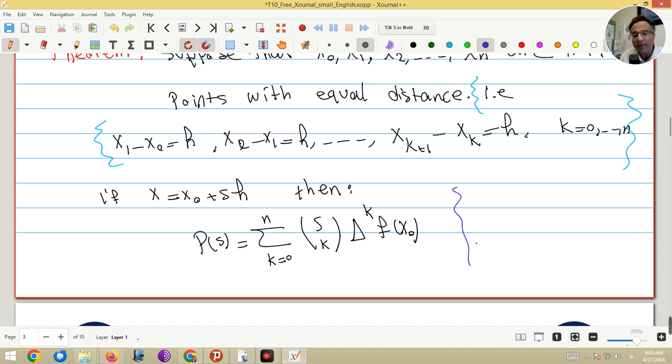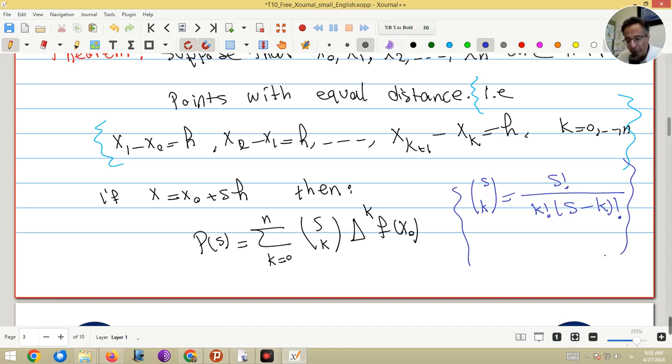Here we know that the combination of s choose k is s factorial over k factorial times s minus k factorial.